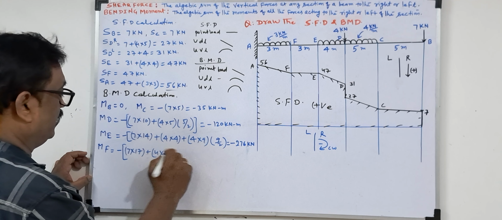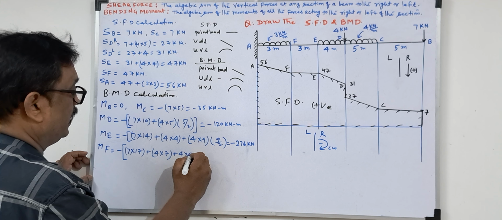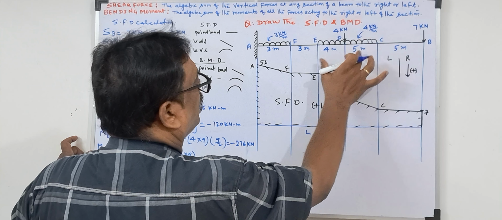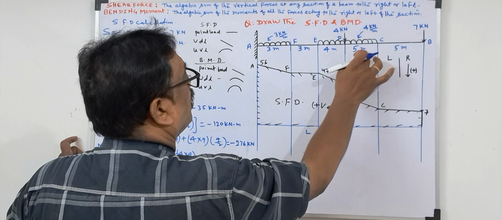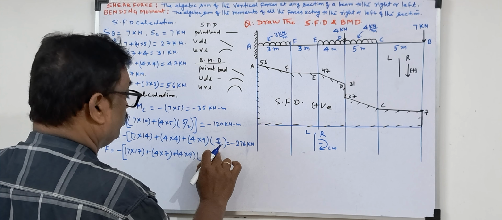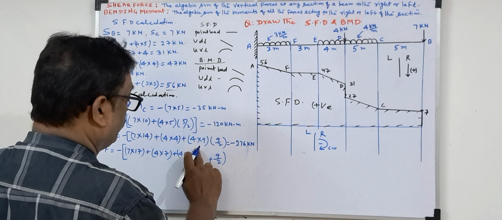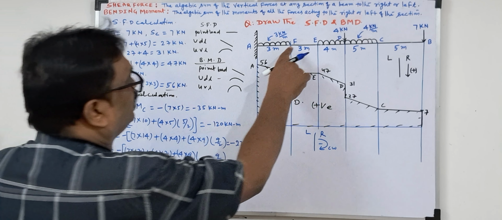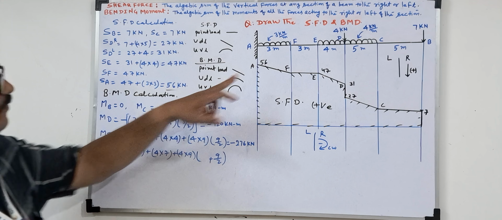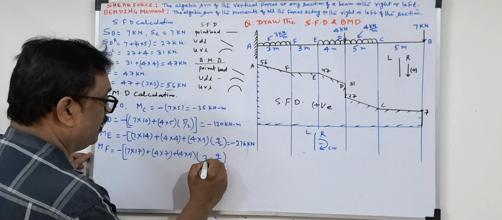4 into 9, take plus 4 into 9. What is this? The UDL is converted into a point load, 9 into 4. Now 9 by 2, this is the half distance. But why did I keep a gap here? This UDL is 3 meter away from our considered moment point F. So add here 3.